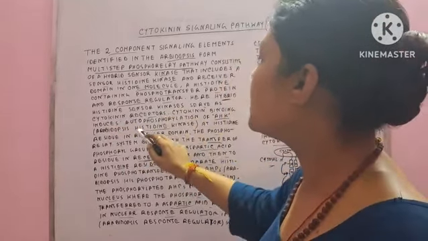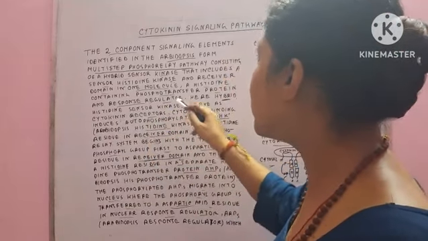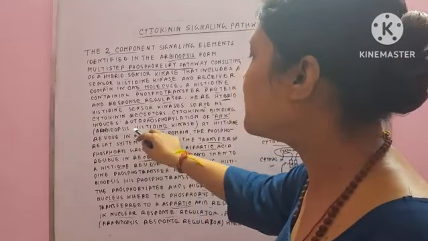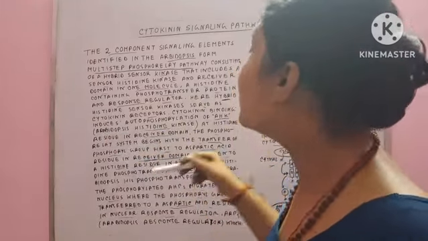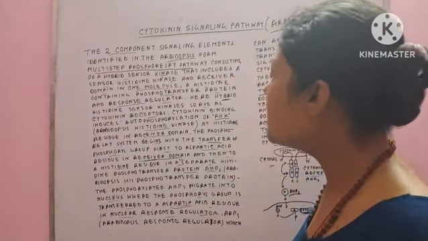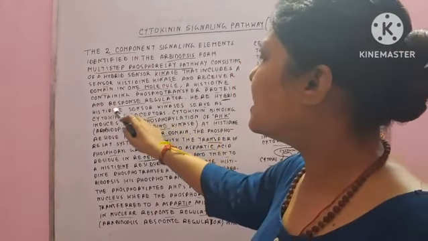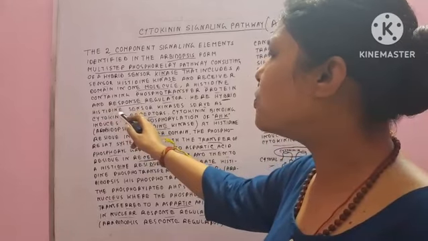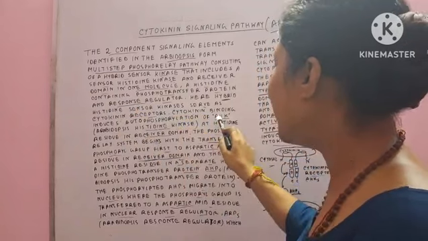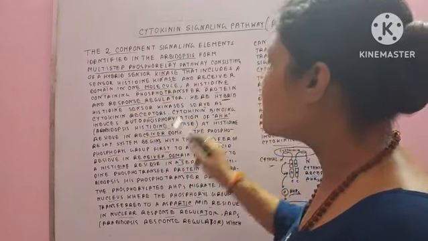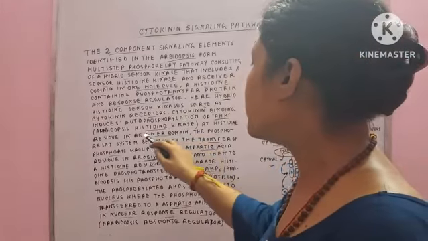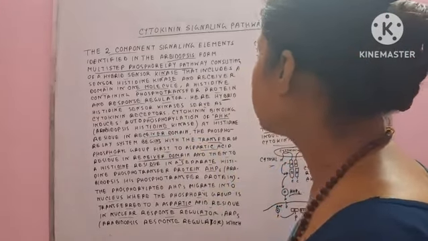As this histidine kinase is present in Arabidopsis, its name is the Arabidopsis histidine kinase, or in short form, AHK. So when cytokinin binds with the receptor, that induces the autophosphorylation of the AHK.